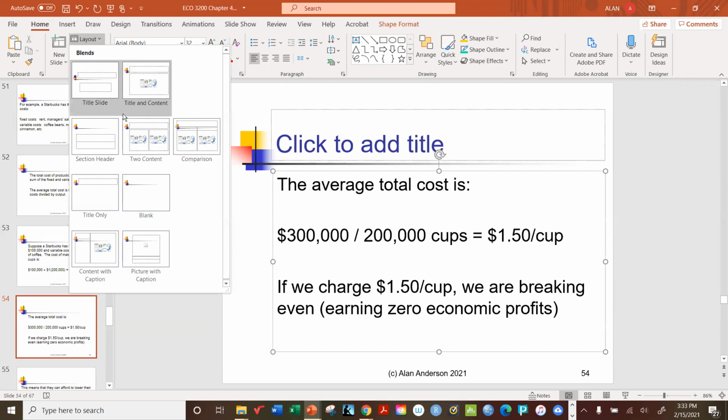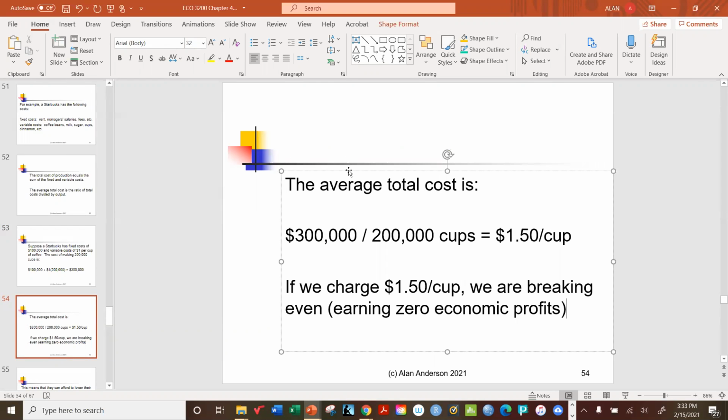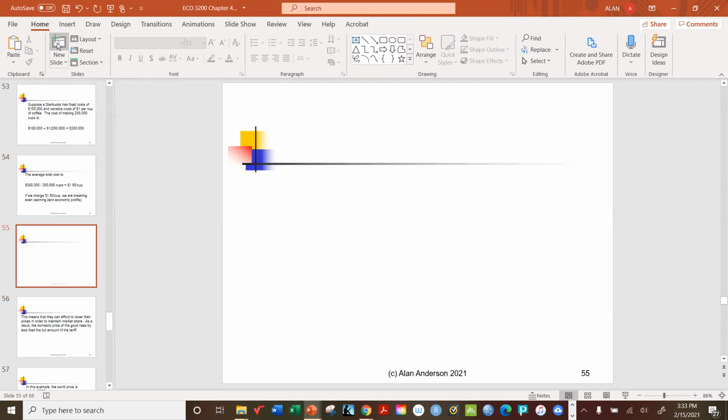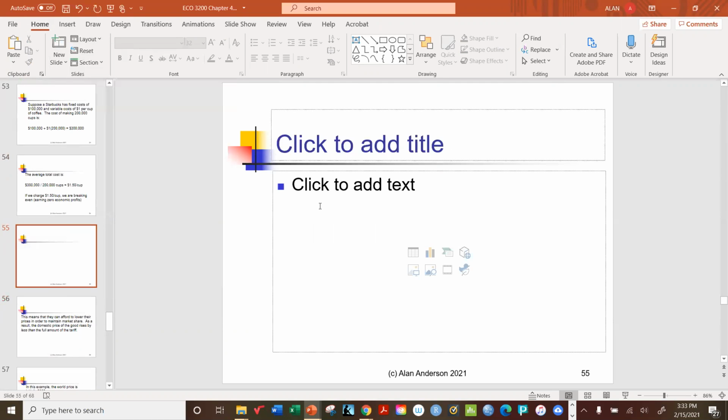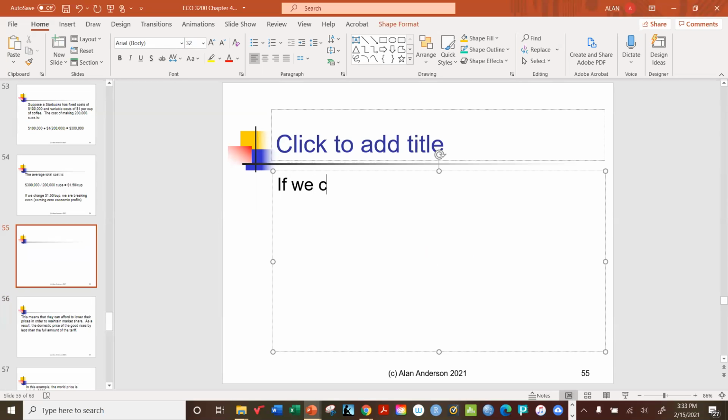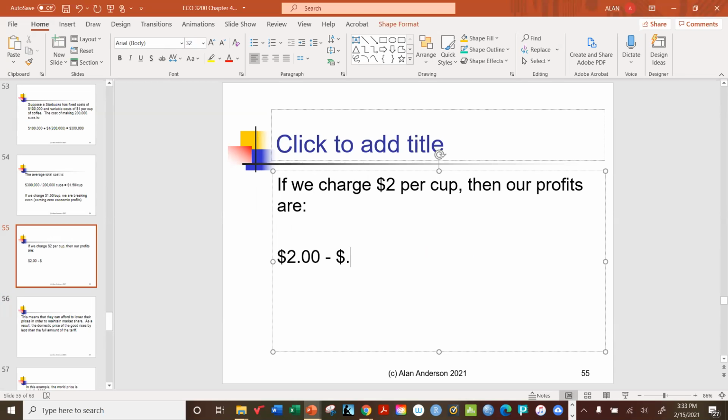Anything we charge above that, let's say we charge $2 a cup, then our profits are, okay, so it's $2 minus $1.50 per cup that it costs to make them. And remember, we're selling 200,000 cups. So therefore, we make $100,000 in profits. Excellent, and that's good.